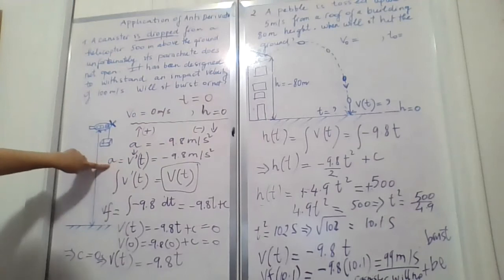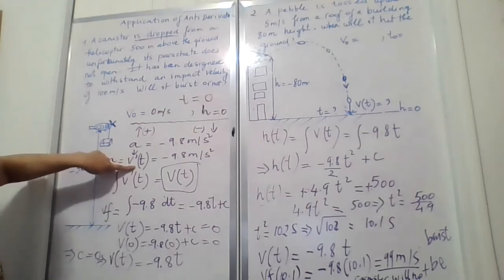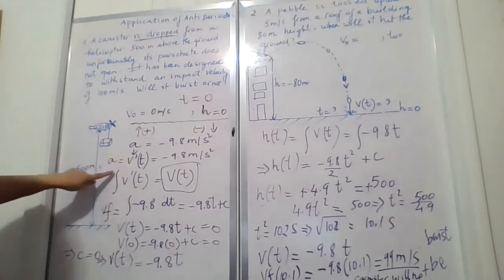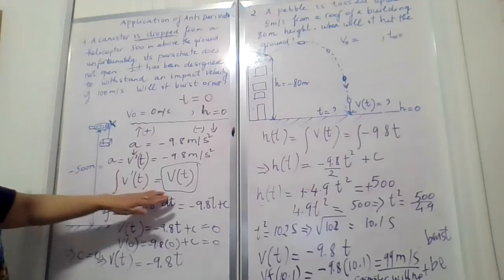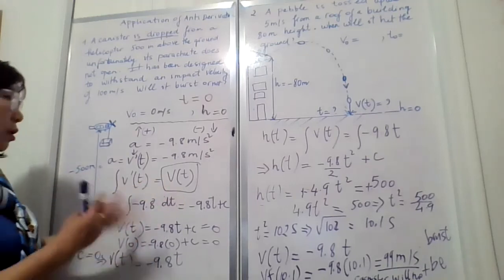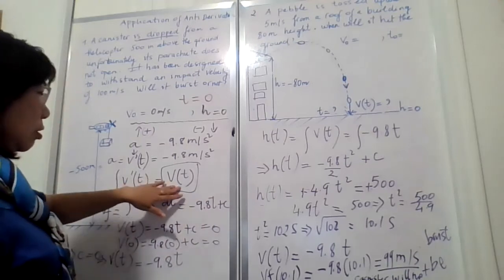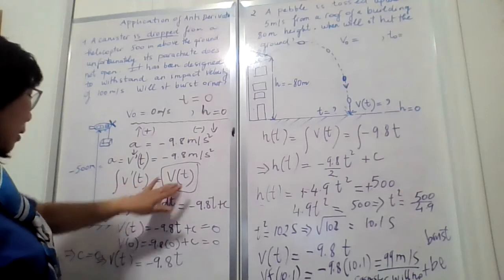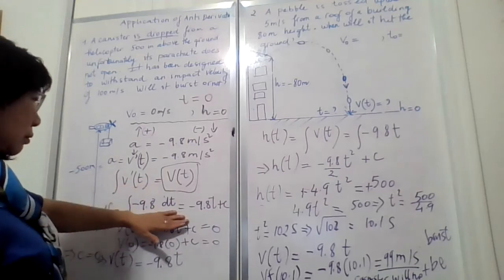That is the same as v prime, the rate of change of velocity. If we integrate the rate of change v prime t, we go backward and get the velocity of the object with respect to time.